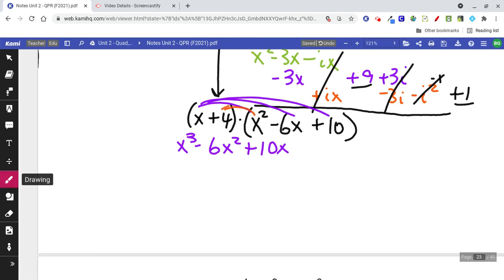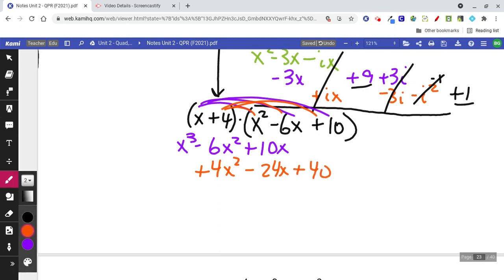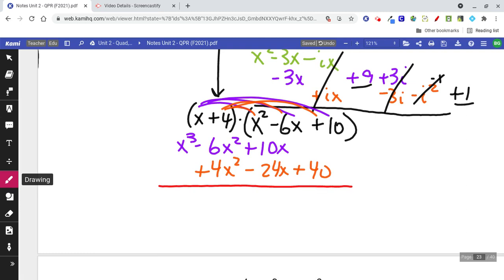And then I'll distribute the 4. Get plus 4x squared minus 24x plus 40. Add straight down, x cubed minus 2x squared minus 14x plus 40.